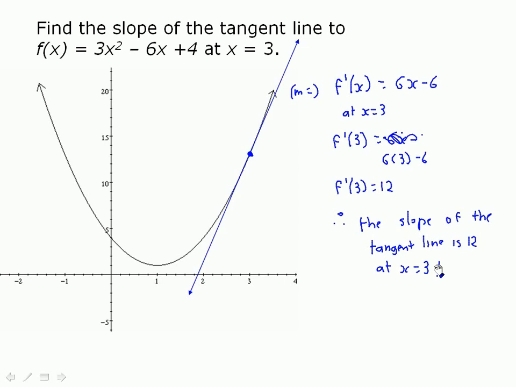So that does seem reasonable. And had you wanted to work it out at x equal 1, the slope should be 0. And in fact, it would be if you did plug it in. 6 times 1 minus 6 does give you 0. So this formula is reliable. It allows us to calculate the slope of the tangent line at any point.